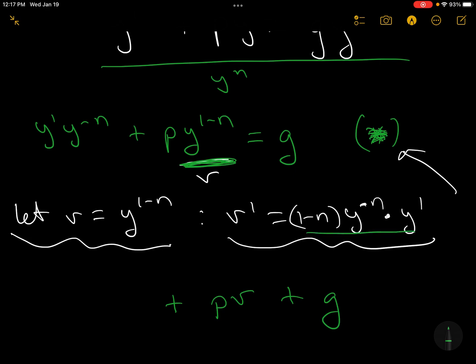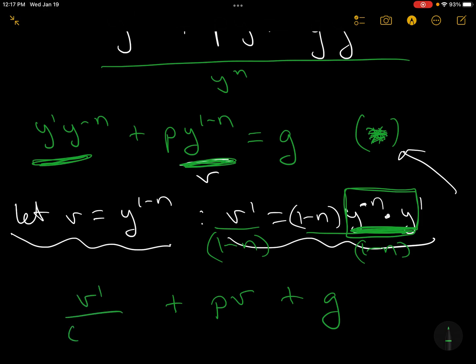And if you look at this for a second, divide by 1 minus n, which is legal because n is not 1, then this guy is sitting right here. And so we have v prime over 1 minus n, and 1 minus n is just a number, 2, 7, pi, whatever.